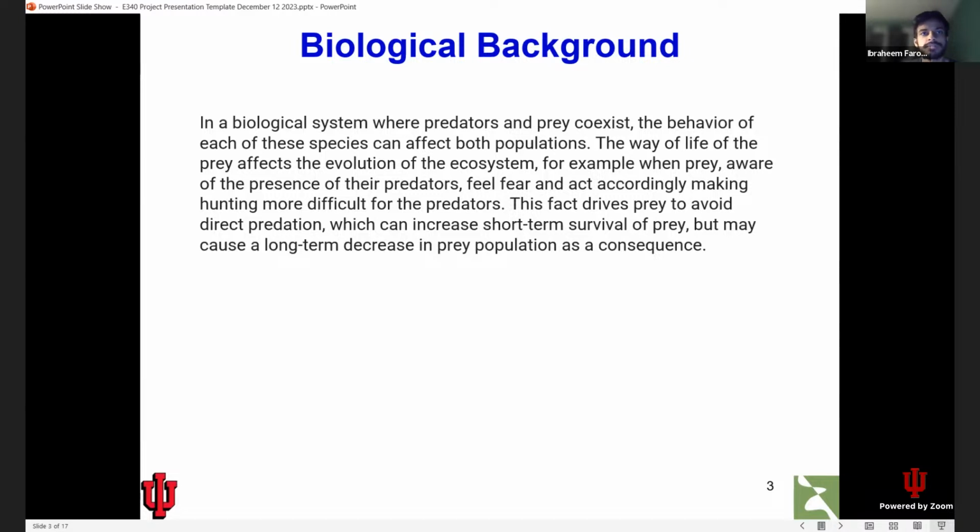So if we want to analyze real life ecosystems, it is important to be able to create a mathematical network model to help us better understand how different characteristics and features of the ecosystem can impact the predator and prey populations over time, and also in the extremes, as in the steady state.